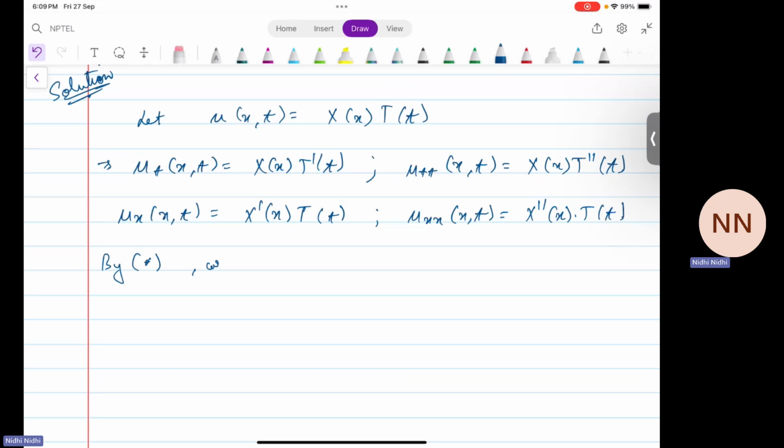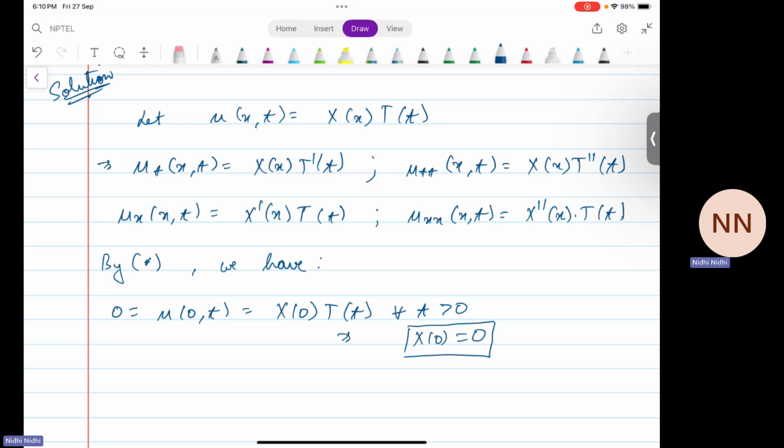We have 0 is equal to u(0,t), which is X(0)T(t), for all t positive. This implies that X(0) must be 0, because if T is a trivial function, T(t) is 0 for all t, that would give us a trivial solution. That is not what we want.